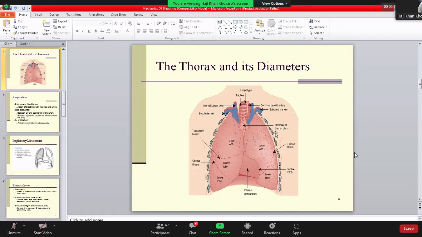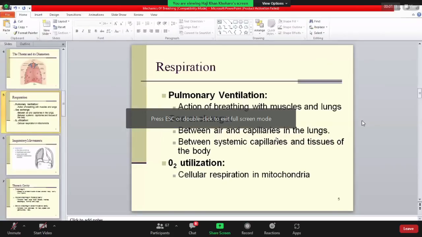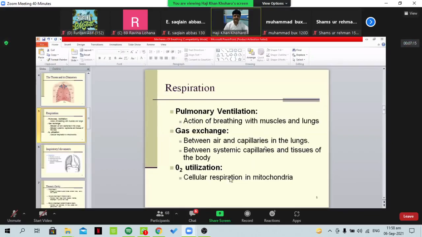And if the intrapulmonary pressure is reduced by lung expansion, the lungs will be inflated with air coming from the atmosphere. Pulmonary ventilation is just the inward and outward movement of air, breathing air into the lungs and exhaling it outside.